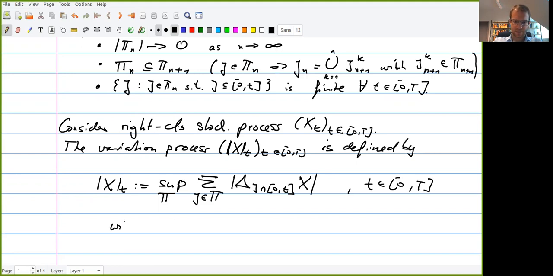Here delta, as I said, corresponds to taking the increment over J, a half open interval.